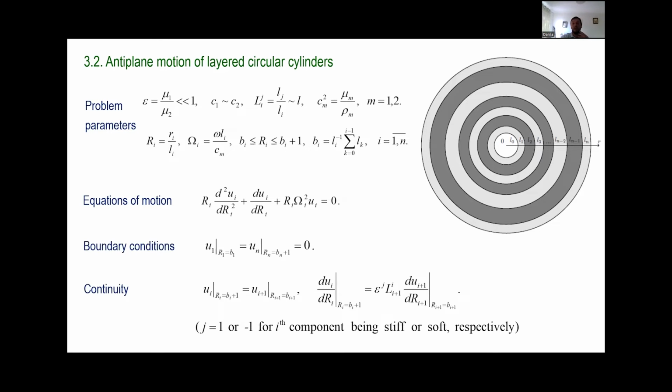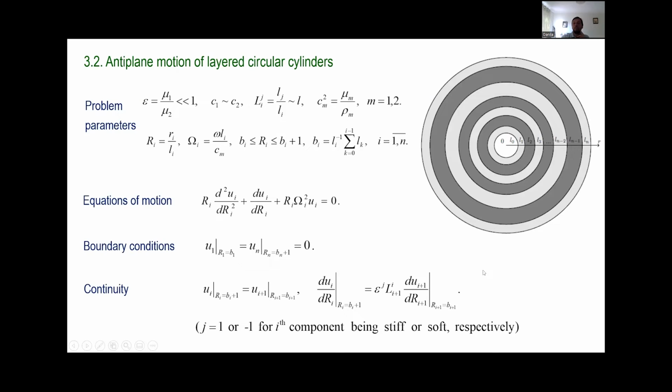So the equation of motion, in case of axisymmetry, is certainly like that. Then the boundary conditions for this particular one: since we have two soft components, the very inner one and the most outer one, we would want to prescribe the Dirichlet conditions here, and the continuity would be, as usual, the continuity of displacements and stresses.